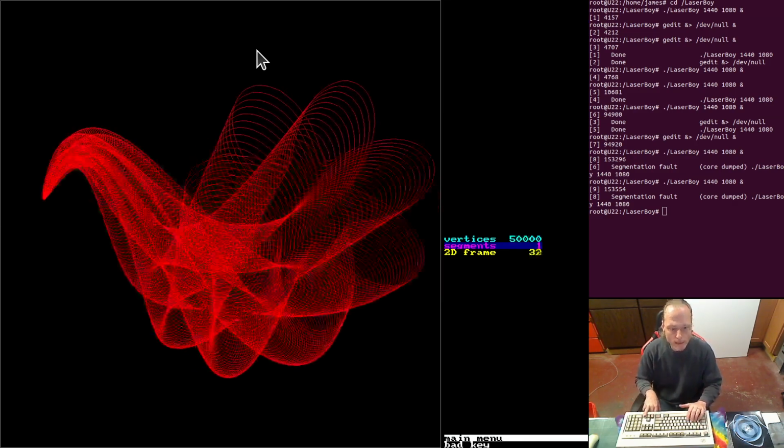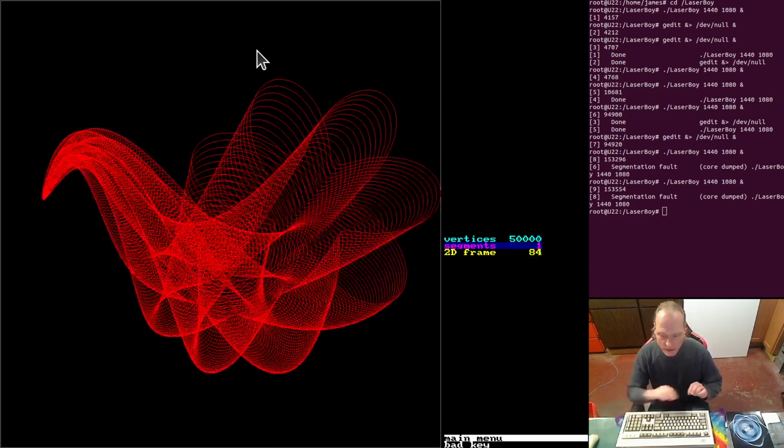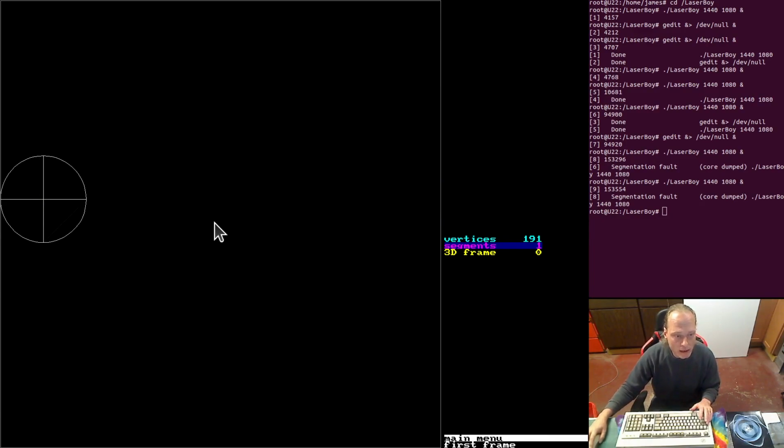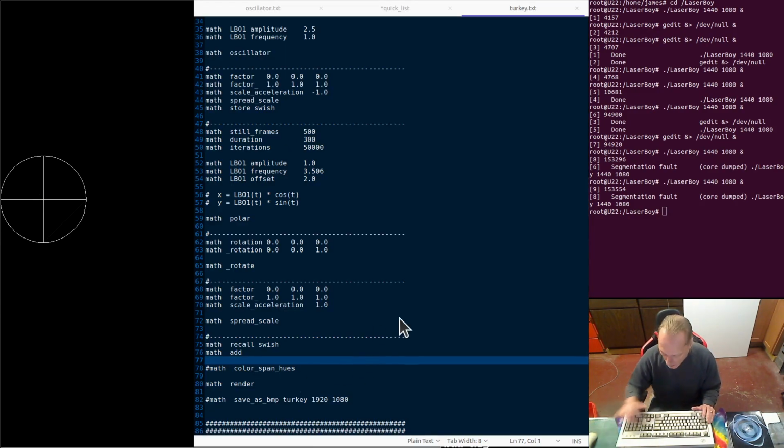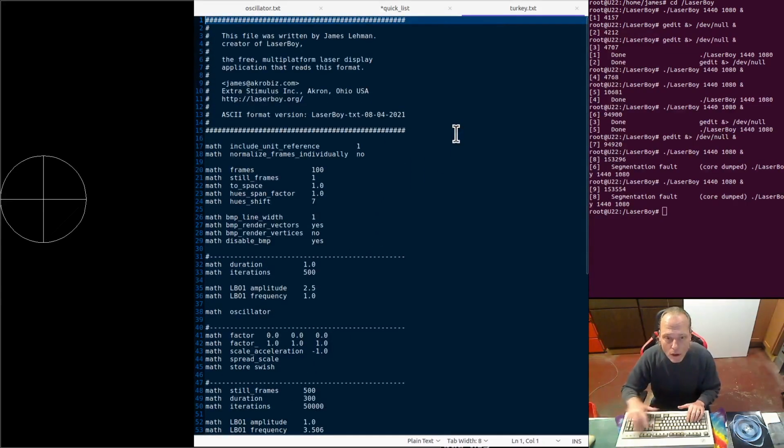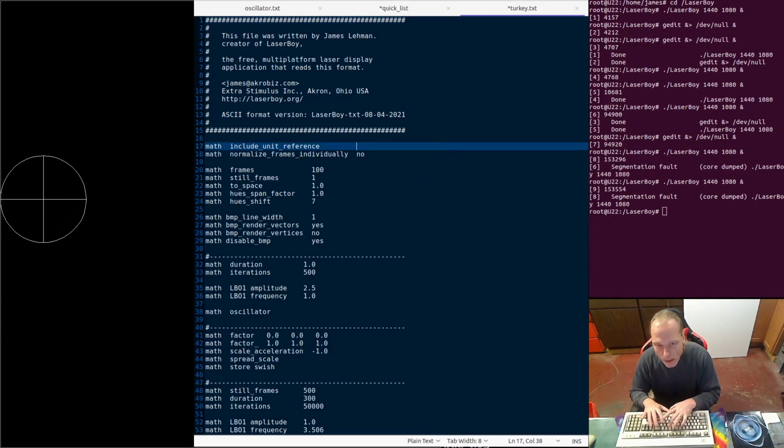And it looks like this. Because we took that flower thing that did one full rotation, and we just kind of went like that along that swish. And it's offset here because of this, right? So if we take this out, there's no more unit reference circle.